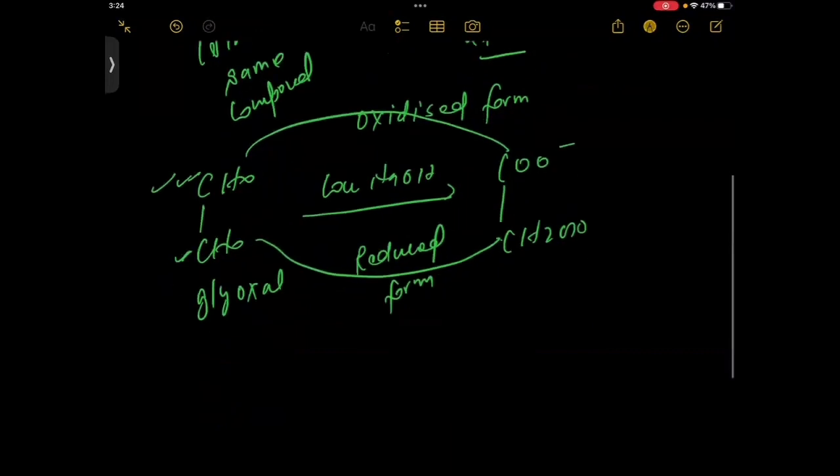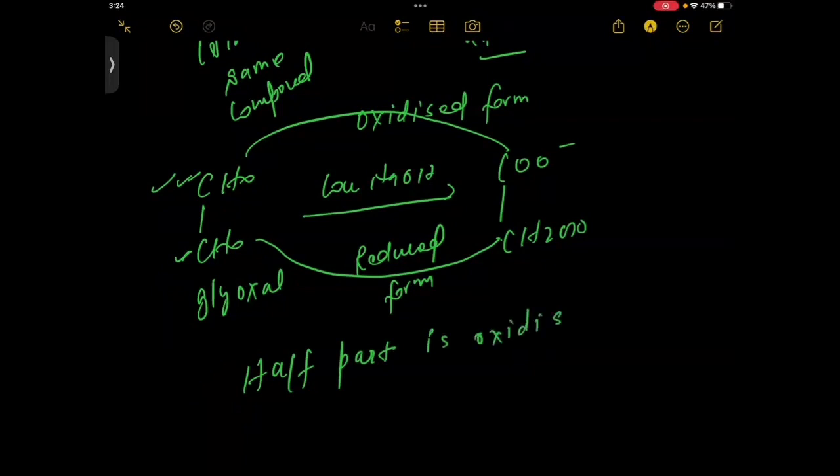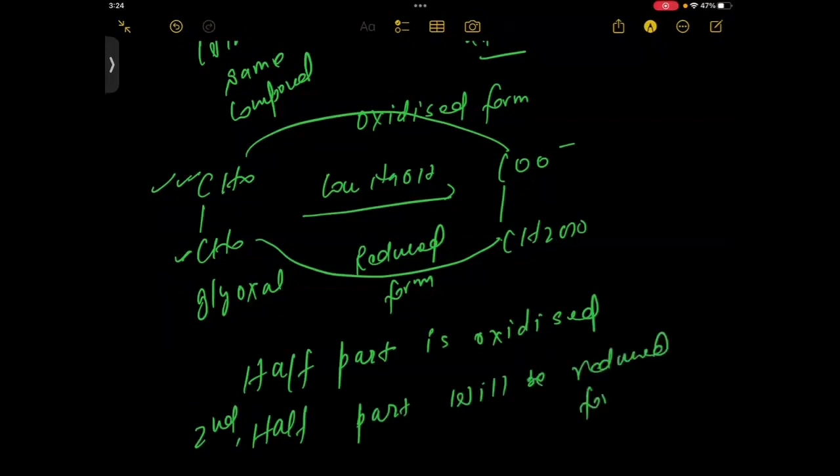So in intramolecular Cannizzaro reactions, one half part is oxidized and the second half part will be the reduced form, correct?